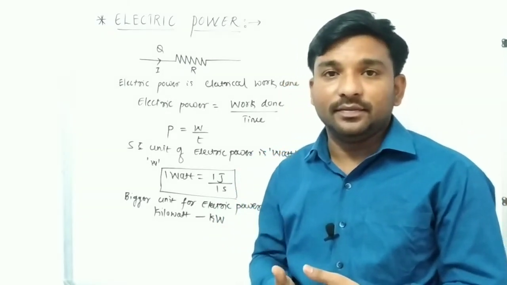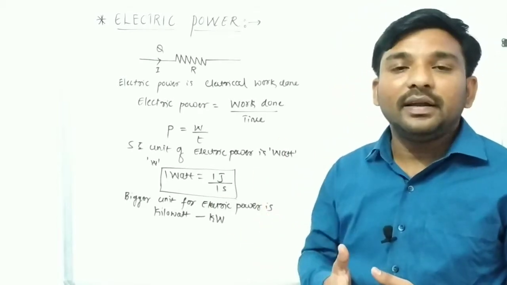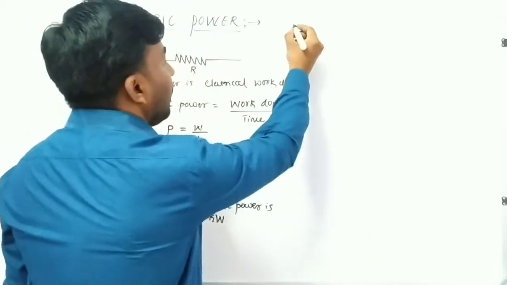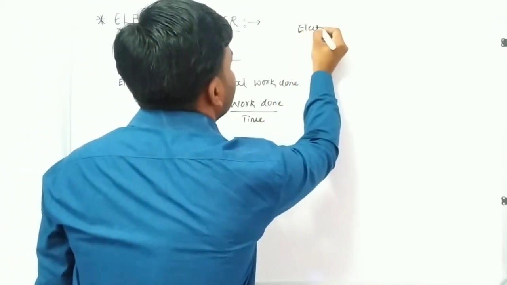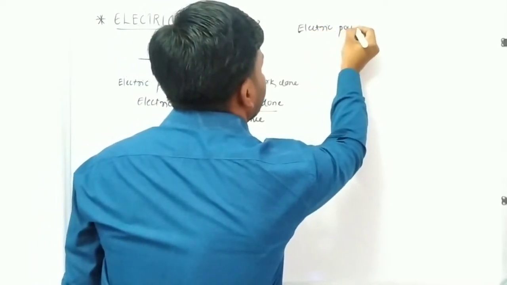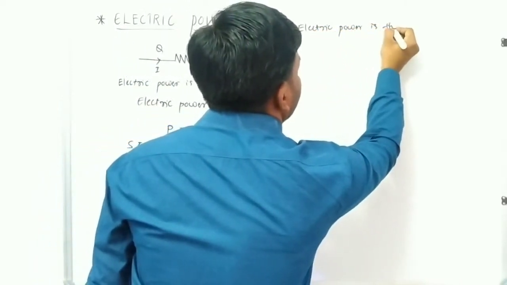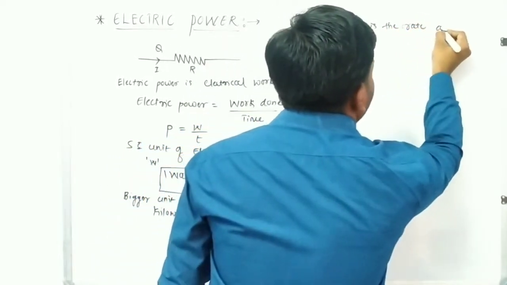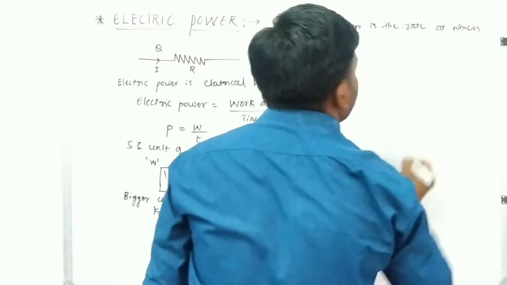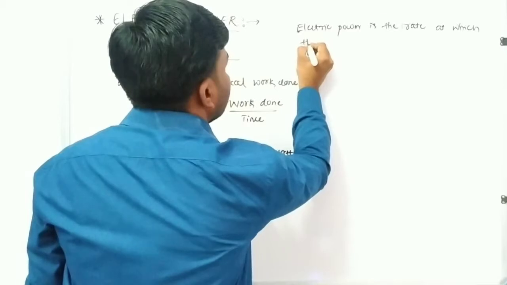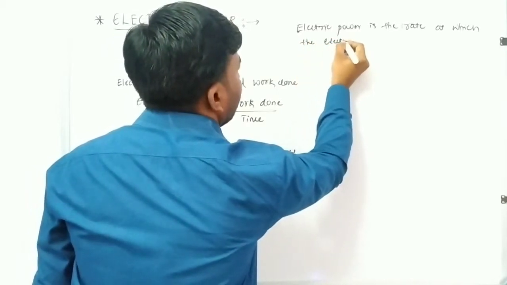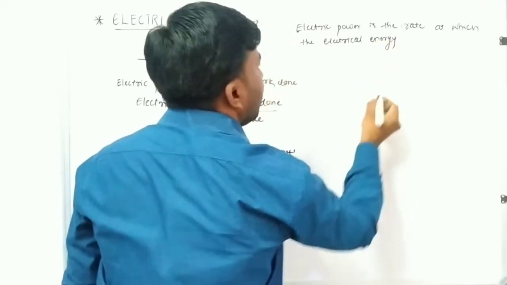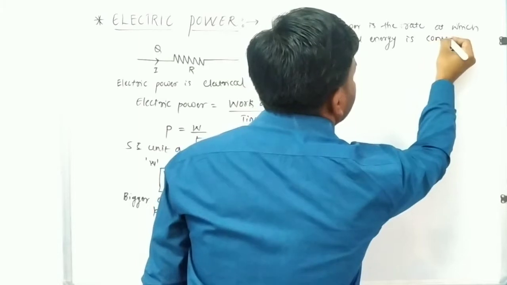So electric power can also be defined in another way: electric power is the rate at which the electrical energy is consumed.